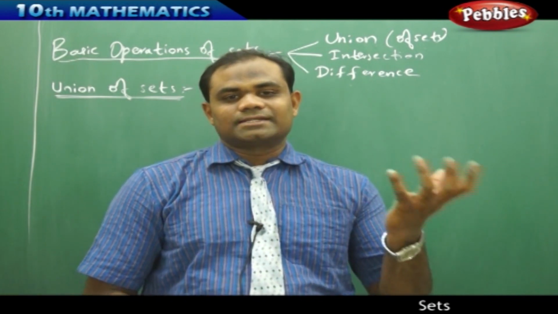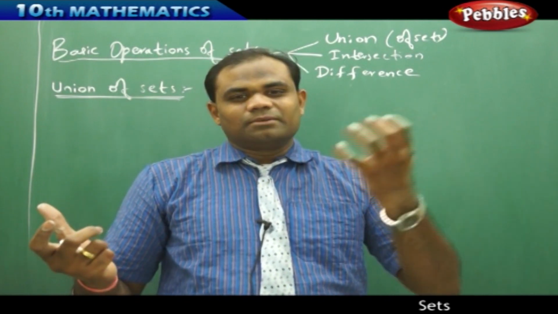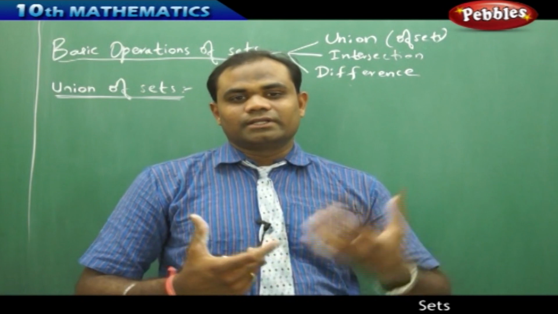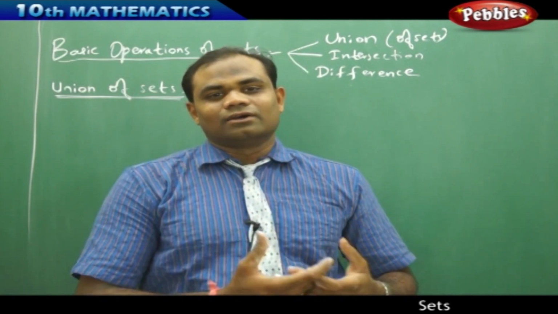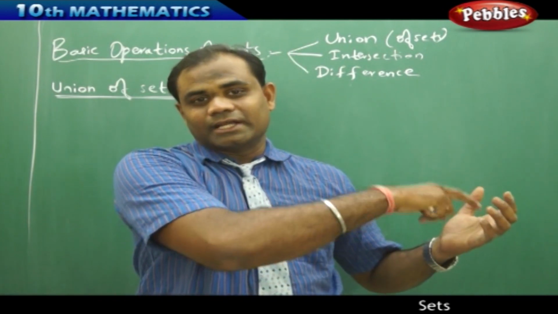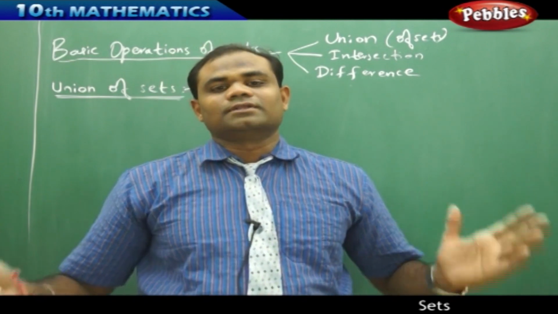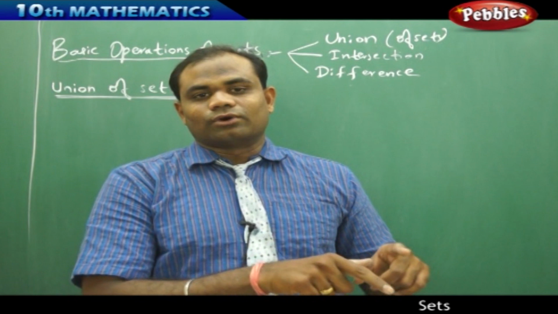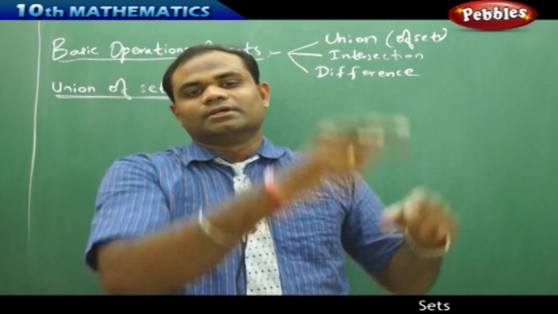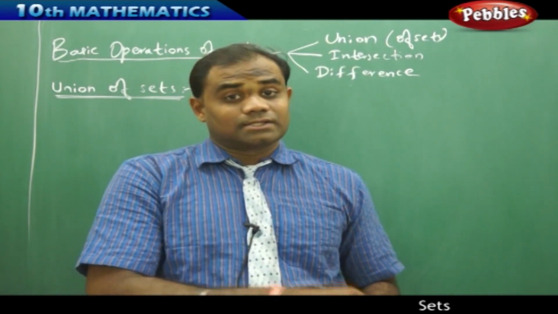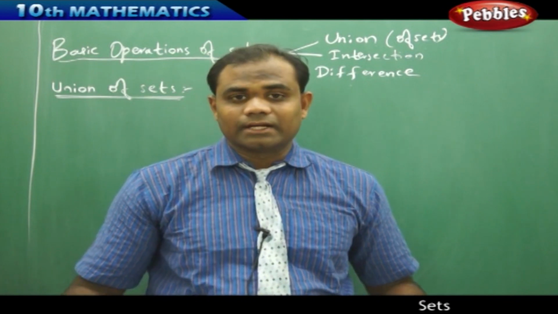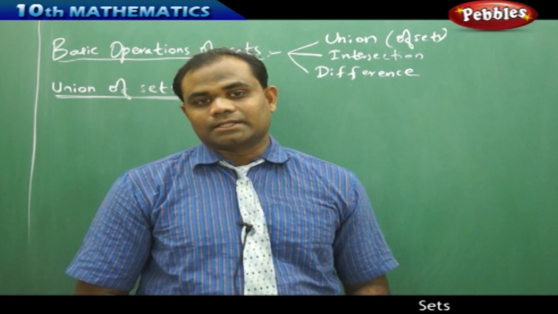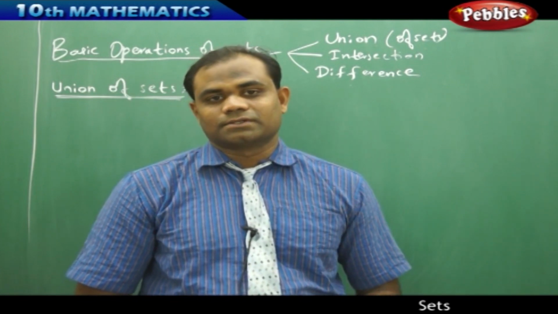Similarly, when I have 2 sets A and B, I take all the elements of set A and all the elements of set B, then all the elements together of A and B, just like all the students together of section 10A and 10B, will form the union of the 2 sets A and B. This is how I understand the union of sets as compared to real life situations.